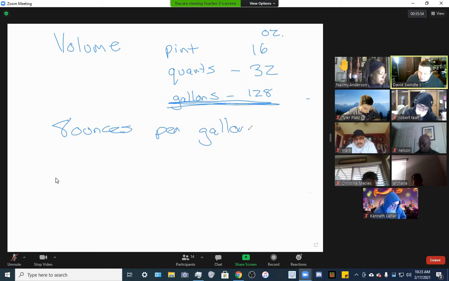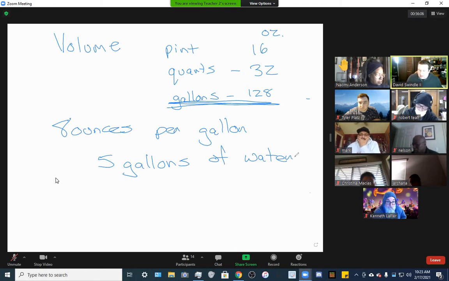We have a chemical that is diluted at 8 ounces per gallon. We have 5 gallons of water. Who can tell me how much chemical I would add to that? To my 5 gallons.